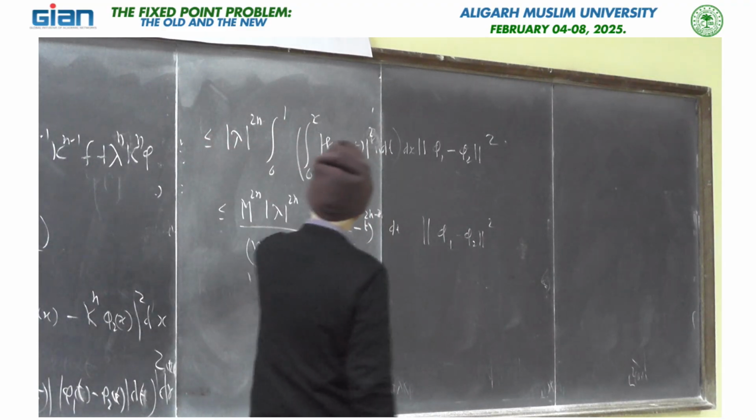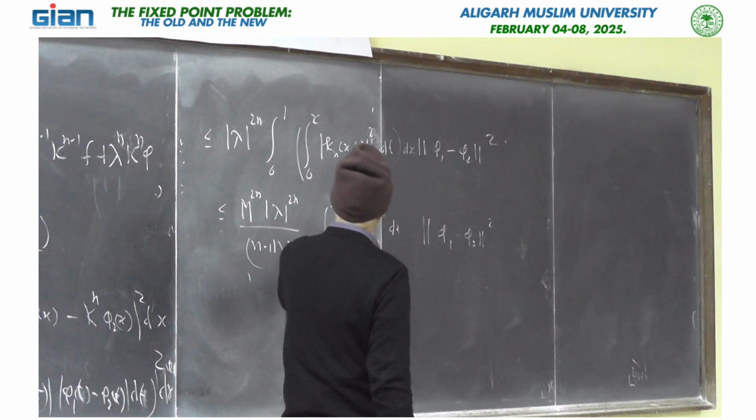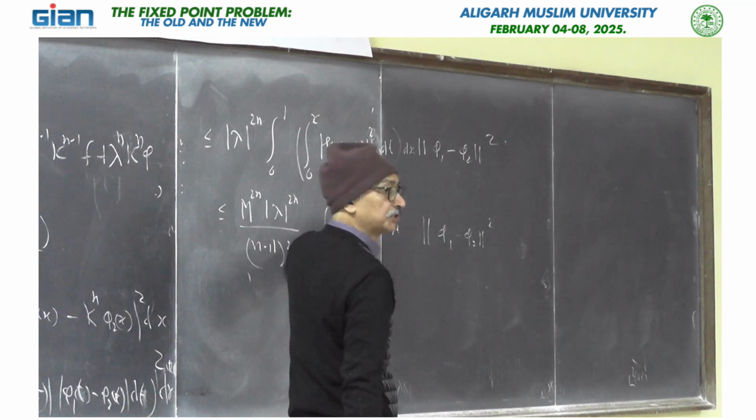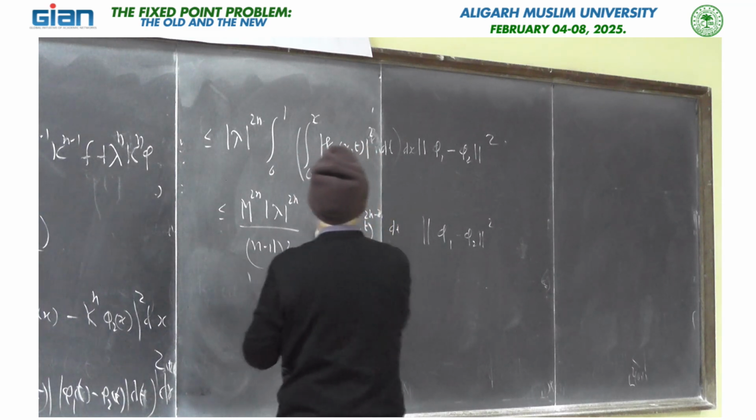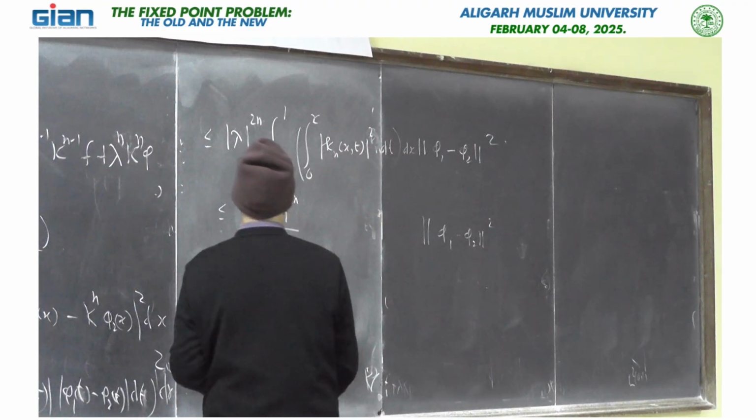So this quantity is anyway less than 1, you can ignore that, and 0 to x dt. So this part is going to be bounded by 1, you can forget about that.